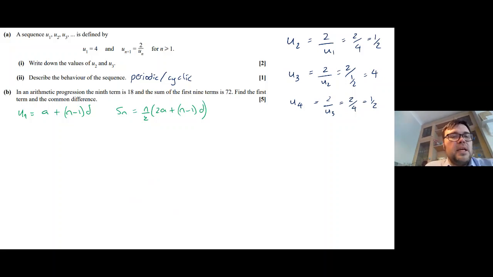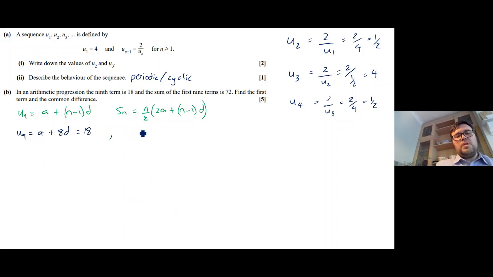We're told it's arithmetic. The 9th term is equal to 18, and the sum of the first 9 terms is 72. So U9 is equal to a plus 9 minus 1 d, and that is equal to 18.